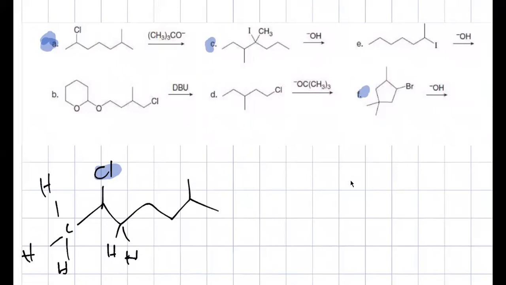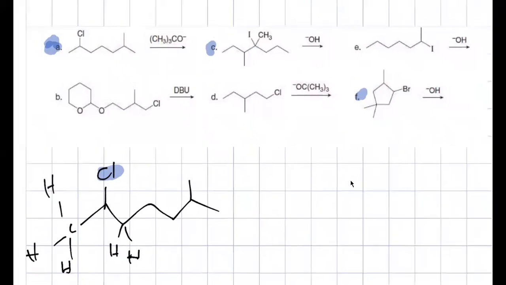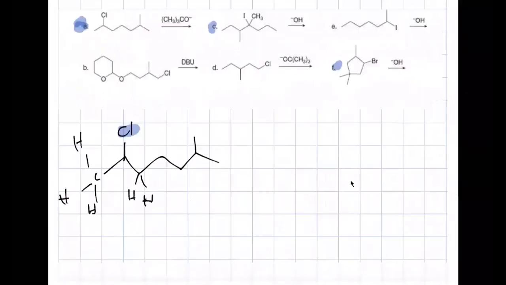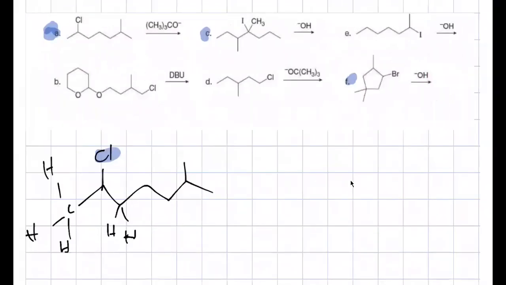I like doing it because it's good practice, right? So here's my base. Here's my base right here. That's what we call a tert-butoxide. It's a really strong alkoxide base.